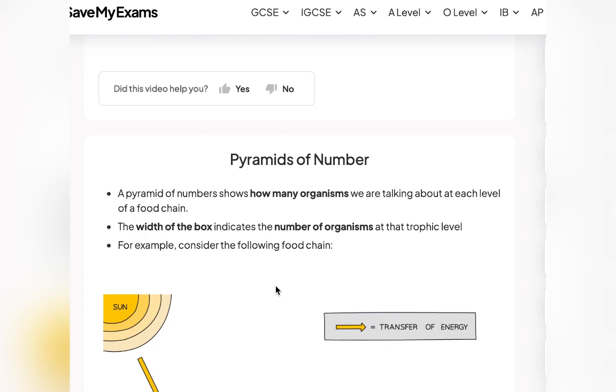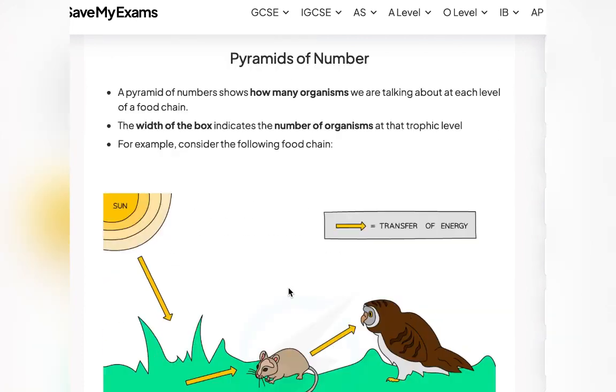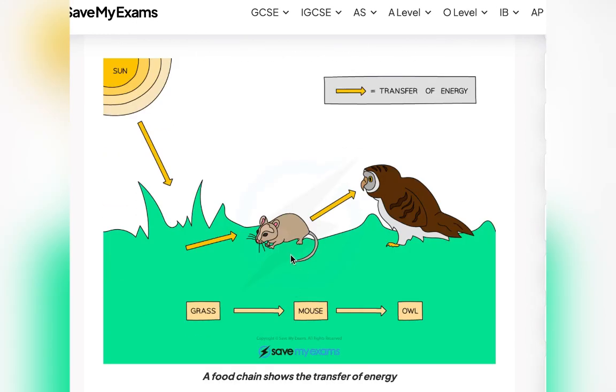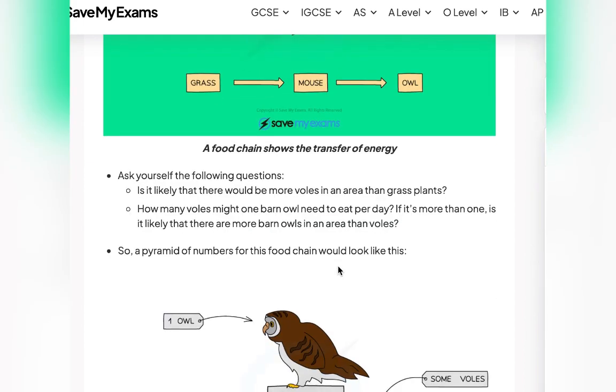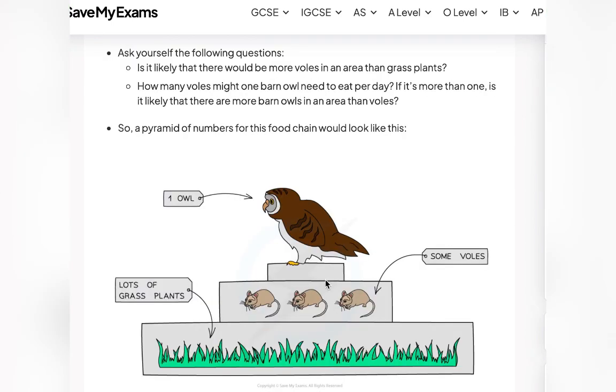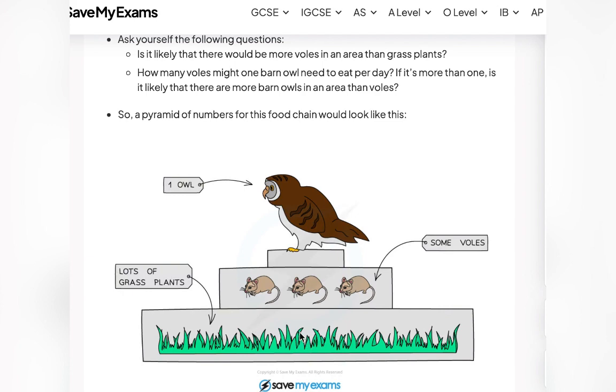For example, let's consider the following food chain. You have the grasses eaten by mouse, eaten by owl. The arrow is showing the energy transfer. So we ask ourselves, how many plants can we see?